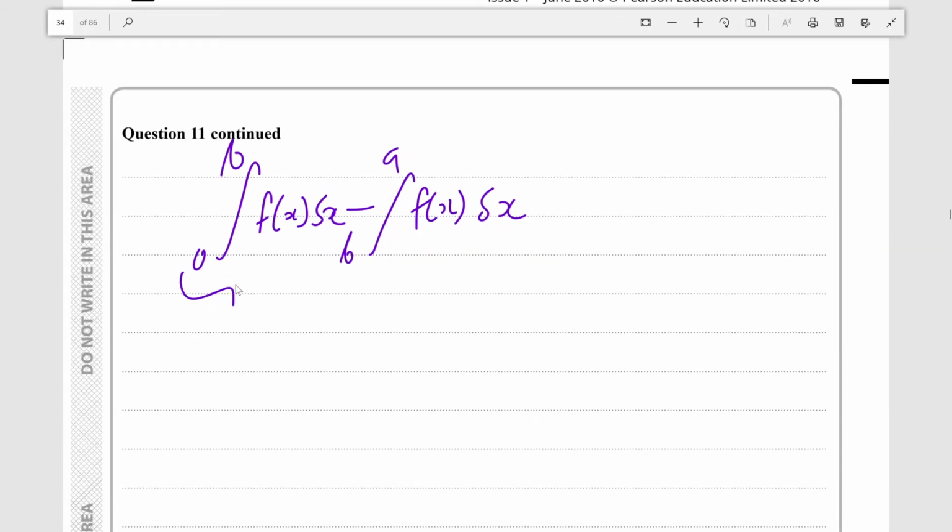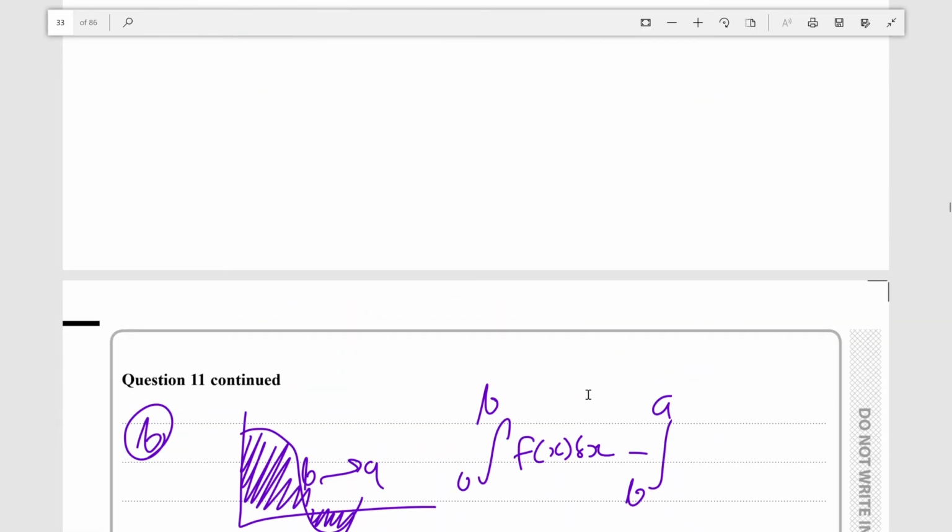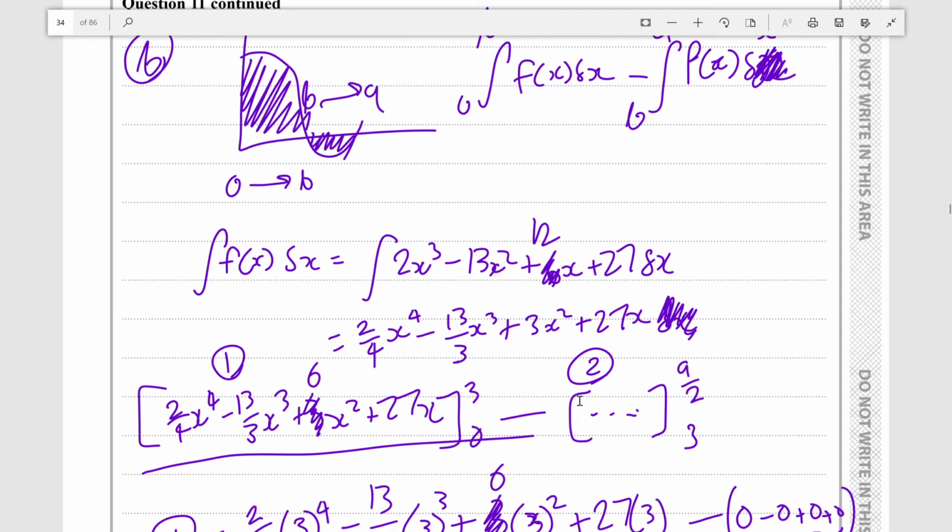So this would be 117 over 2 plus 171 over 32, which would be equal to 2043 over 32. So that is our final answer for the area between this curve and the x-axis.